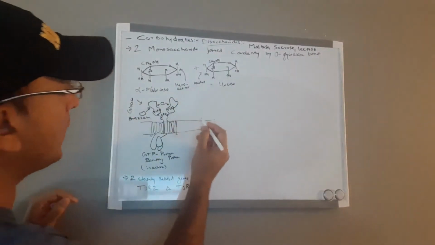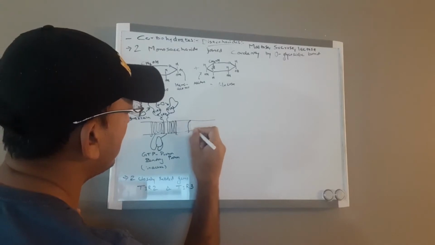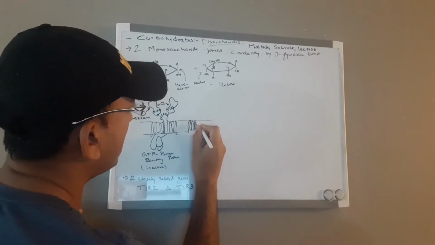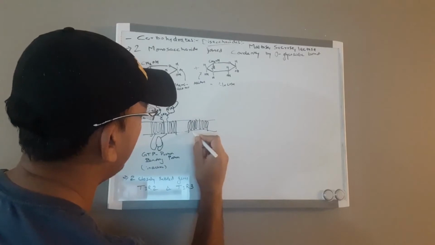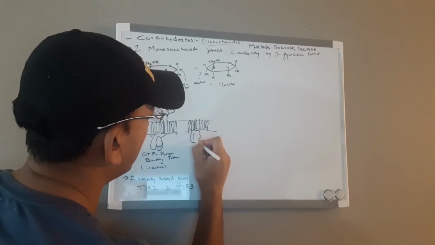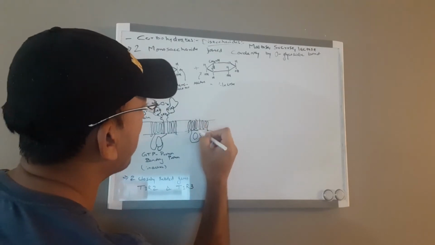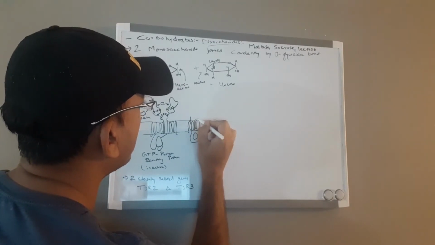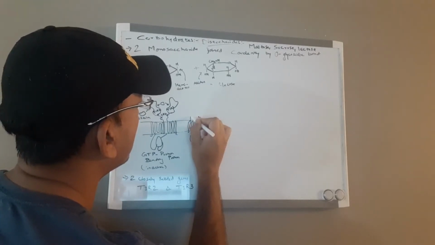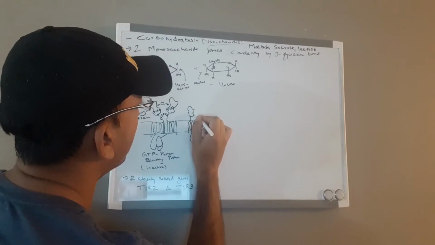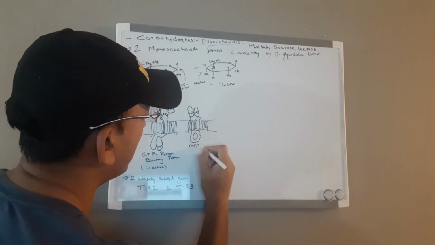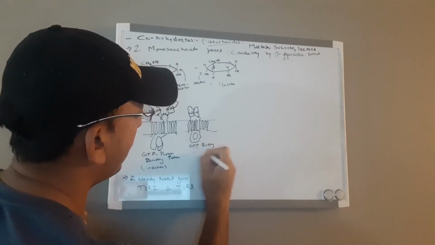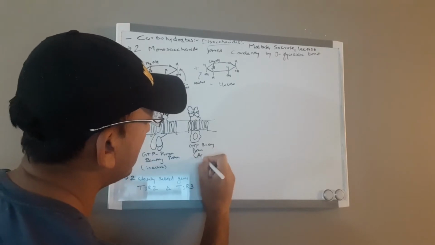So for example, if this glucose binds here, there is a protein that is activated.